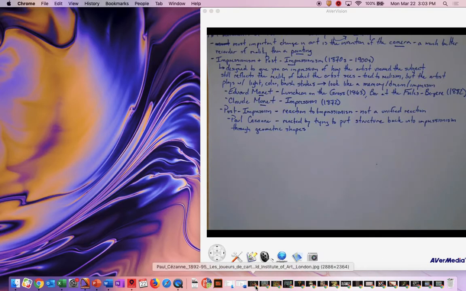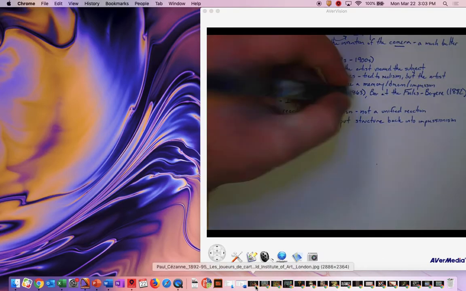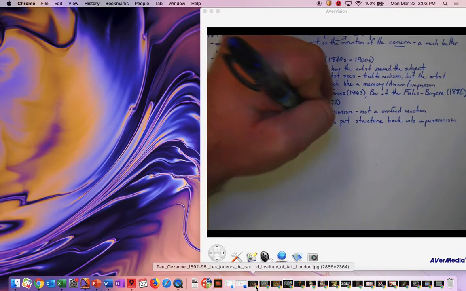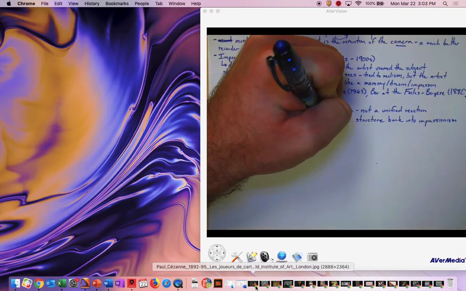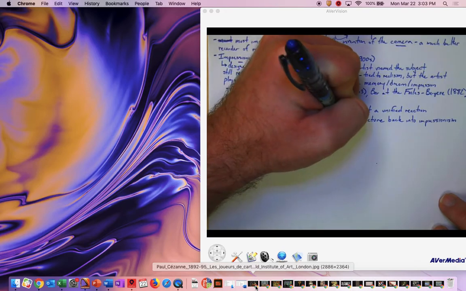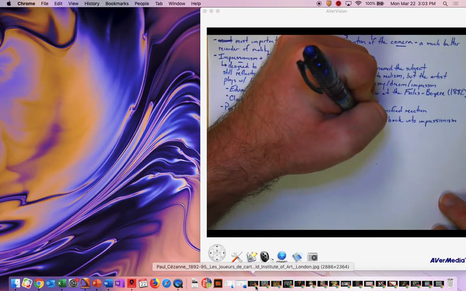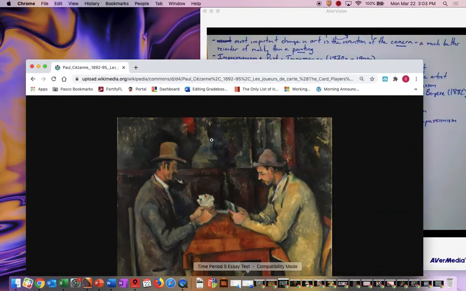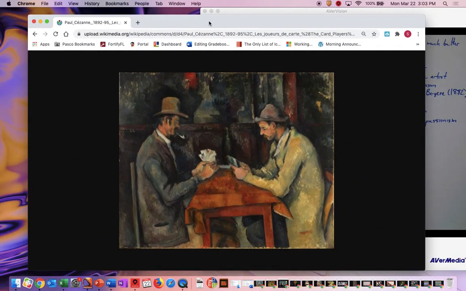So this one is called The Card Players. It's still got that light, airy quality to it, but it looks more defined. And there are a lot of very specific geometric figures, like a triangle and a square and rectangles.